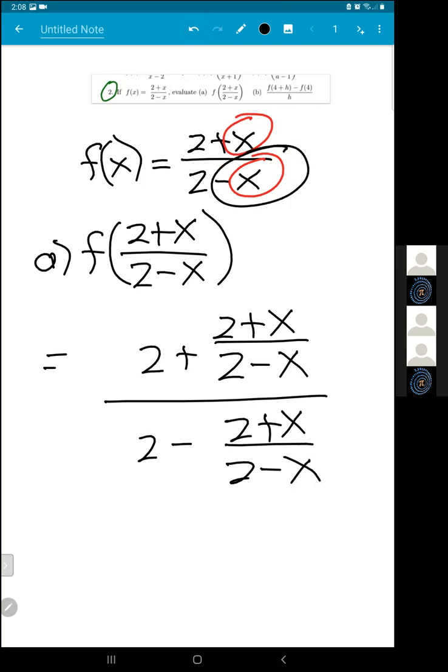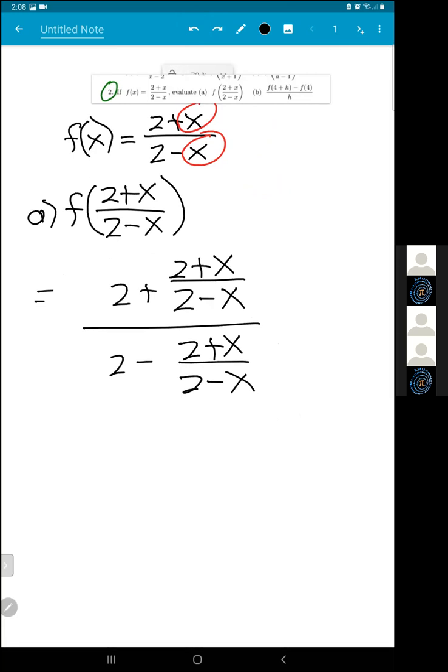So you plug into all the x variables, sometimes we call them placeholders, where you put in the input values. Although here the input value is an expression instead of a number. And then you will just have to simplify the expression. To do so, you multiply by the LCD.